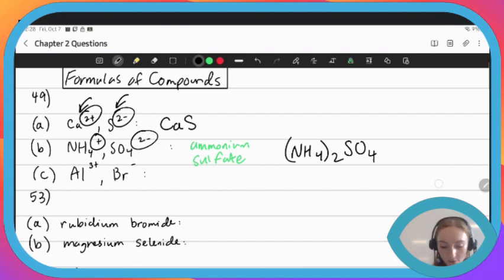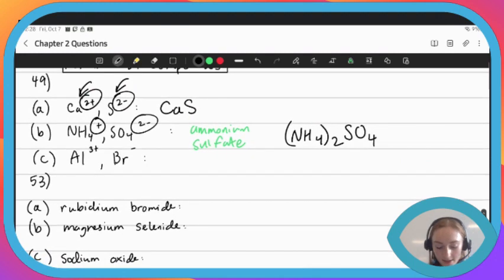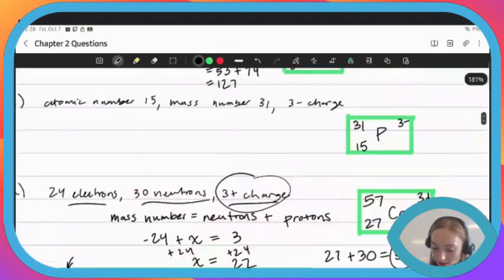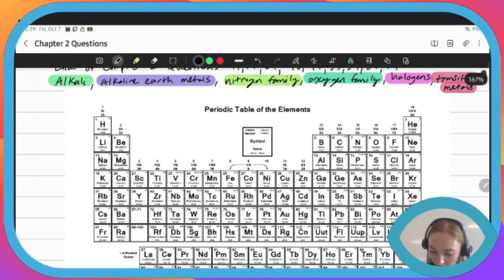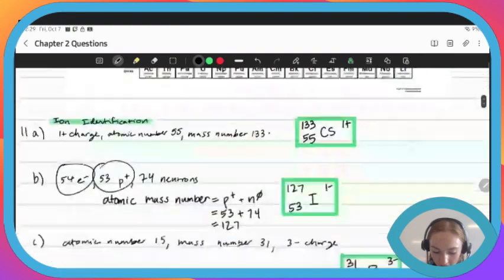And so let's move on to 49C. So we have an aluminum here and a bromine. Aluminum is also a metal. It's a transition metal. And bromine, let's look back at our periodic table. Yeah, it's part of the halogen family.